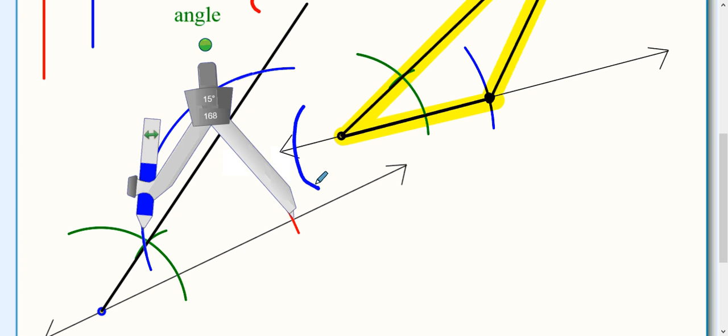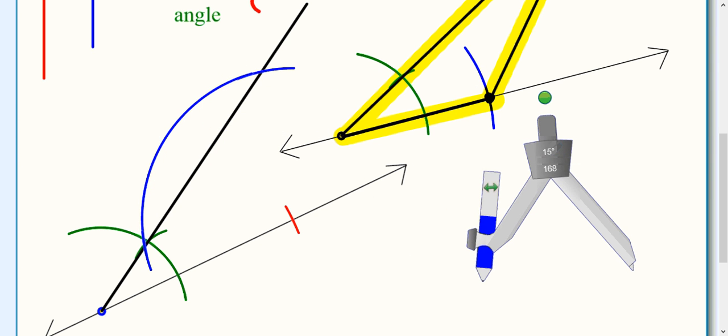It didn't make a triangle out of it. This time, it hits it 2 times, which means we have 2 triangles.